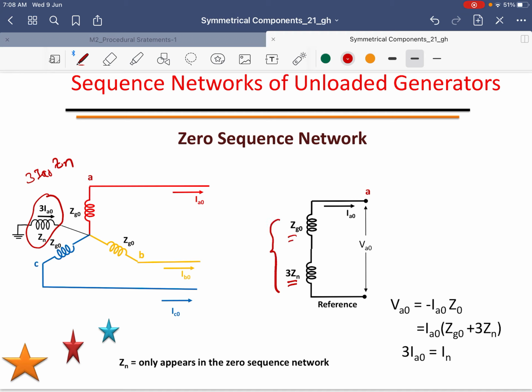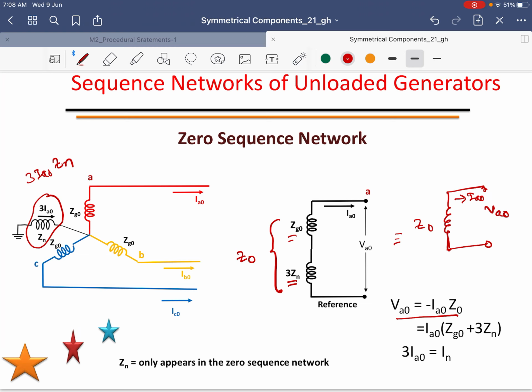The combination of these two is called the total zero sequence impedance of the generator. If you draw one more diagram here, it is represented by Z0, and here it is VA0. The current delivered here is IA0.